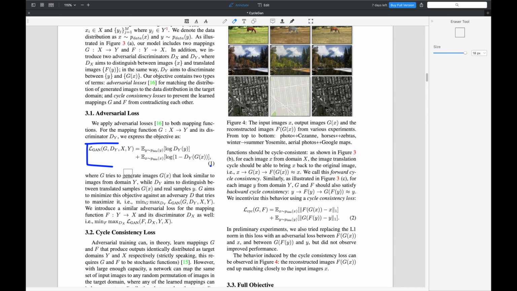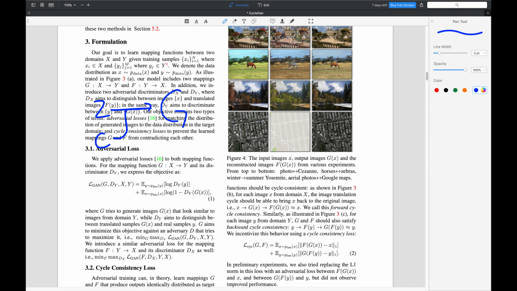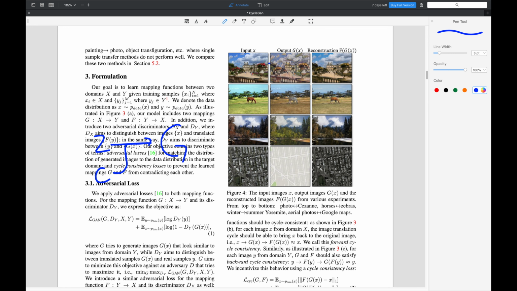However, we can still condition this GAN on some kind of input. That is called a conditional GAN, where instead of simply generating images from a random noise vector Z, it also receives some kind of condition together, which might be either the label of the image we want to generate, or an input image, in our case from the input domain X.